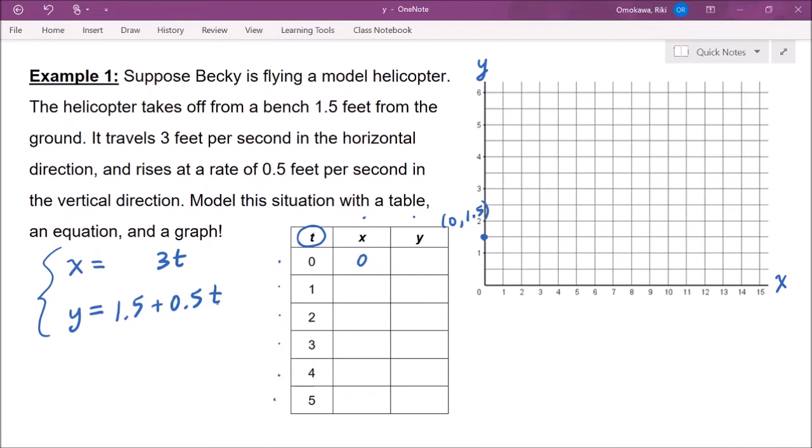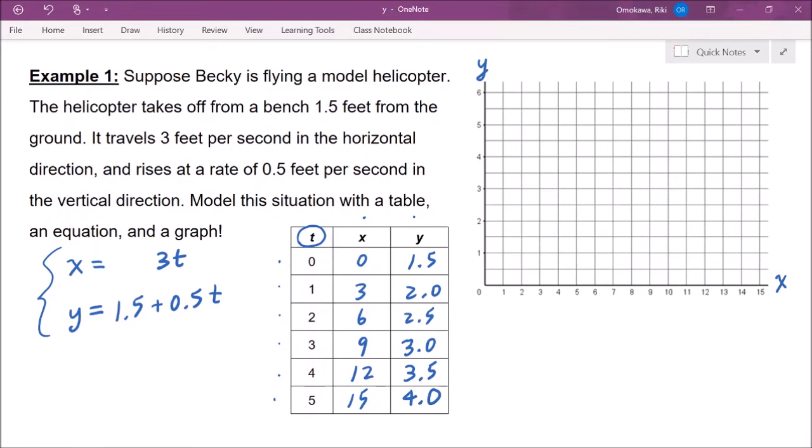So 0.5 times 0 is nothing, plus 1.5, so 1.5. Of course, that makes sense because we already knew where it was. But anyway, if you do this process for all the t values, then you should get the following table. So now we've got the x and y values at each time.